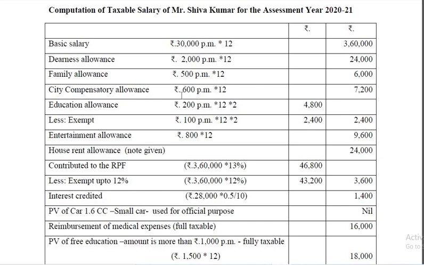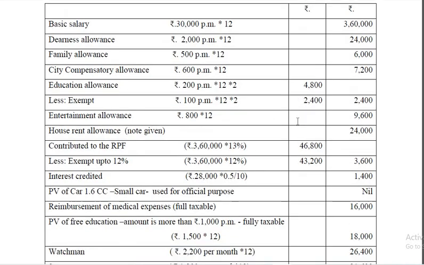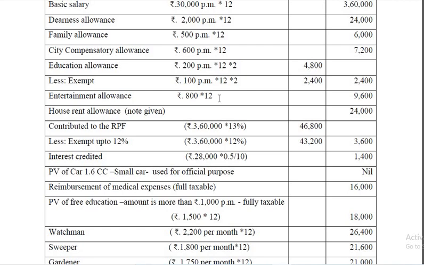Family allowance is taxable. City compensatory allowance is taxable. Education allowance is exempt only to the extent of 100 per month for 12 months for 2 children. So 2,400 is exempt, remaining 2,400 is taxable. Entertainment allowance is fully taxable.